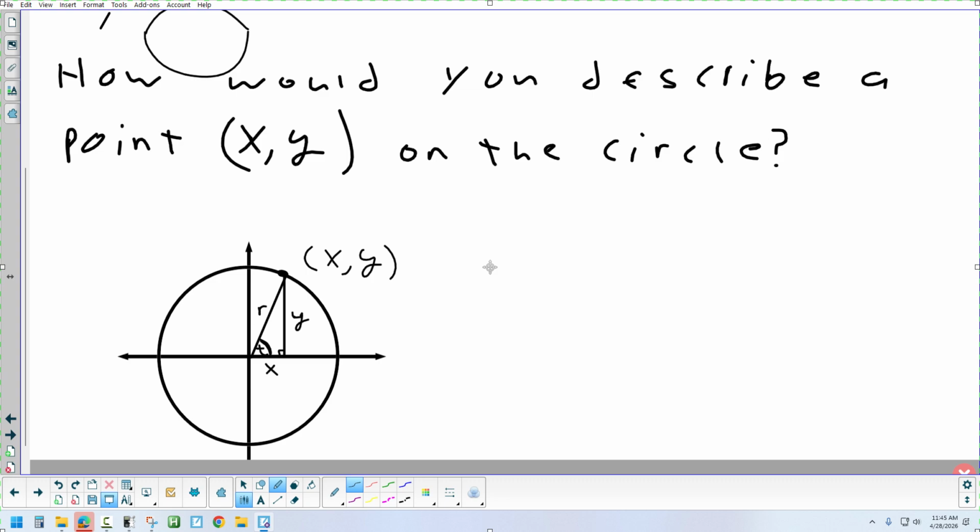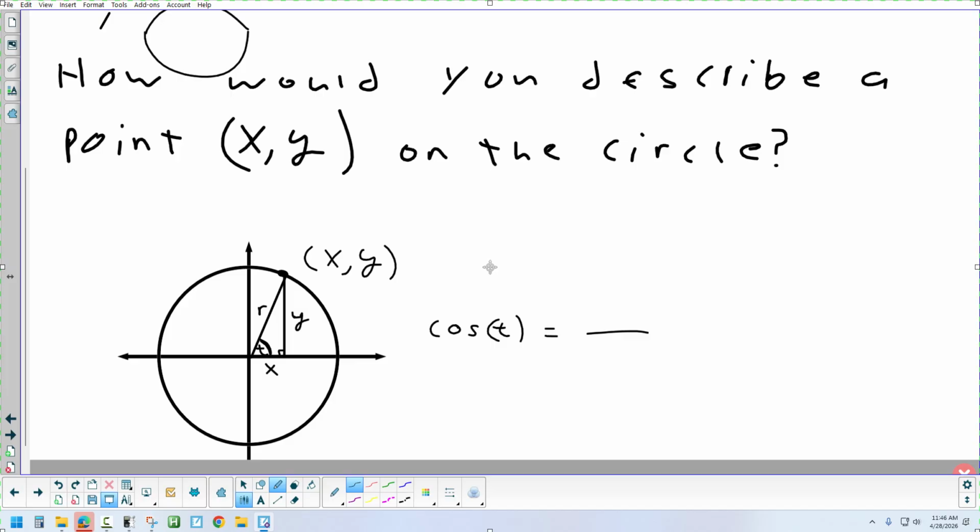And what would be your formula, Jack, using cosine? Adjacent over hypotenuse. So cosine t equals adjacent over r. What side is adjacent?